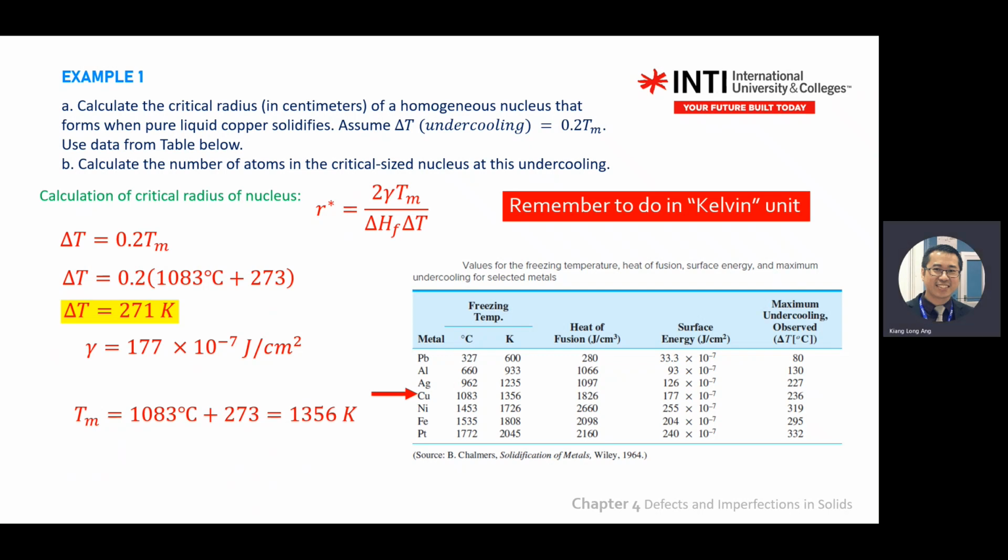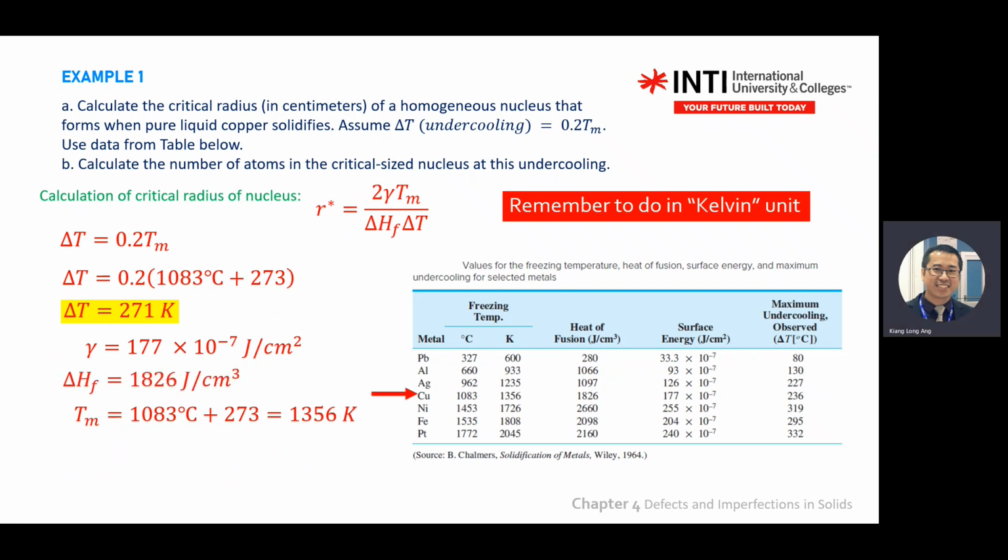Surface energy is given by, I need to check the name for this, I think it's gamma or phi. So this symbol we use for surface energy. From this table it is 177 times 10 to the power of negative 7 joule per cm squared.